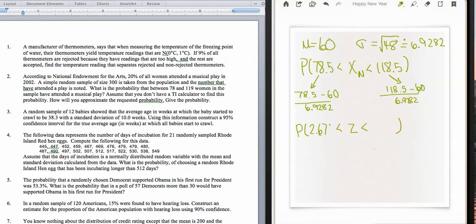Then 118.5 minus 60 divided by the square root of 48 is going to give me 8.45, and then I'm going to use my normal CDF to get this. I'm running out of time, so you'll have to pick me up on the next video to finish this actual probability. But this is what I'm going to do with this put in and this put in to get my answer.